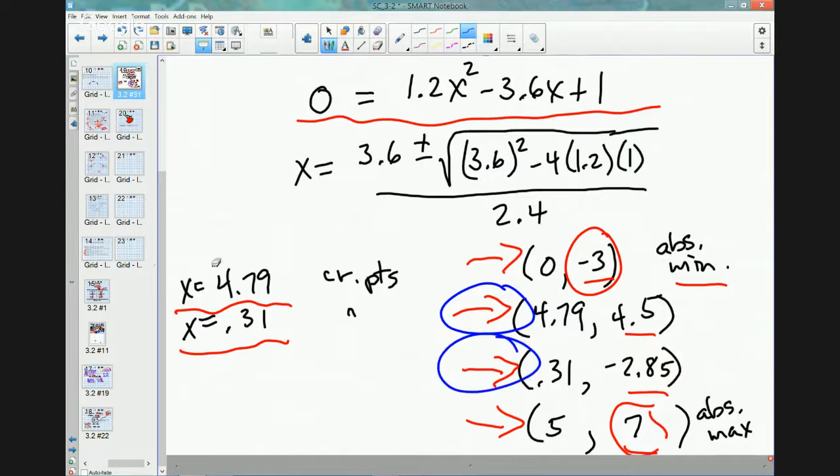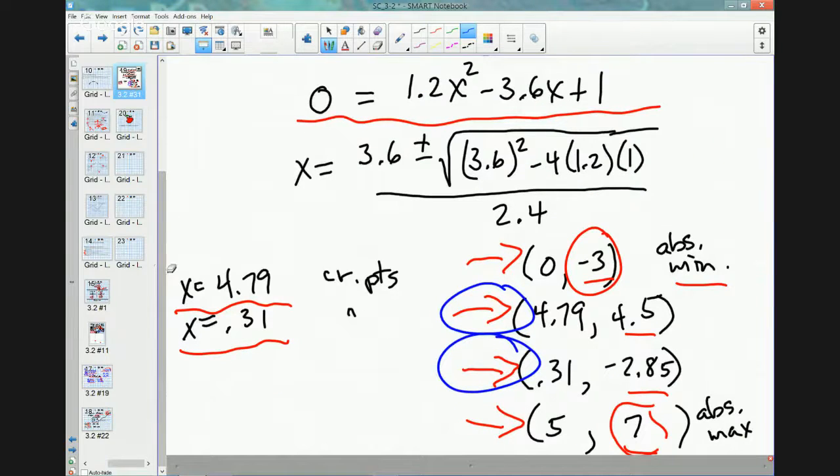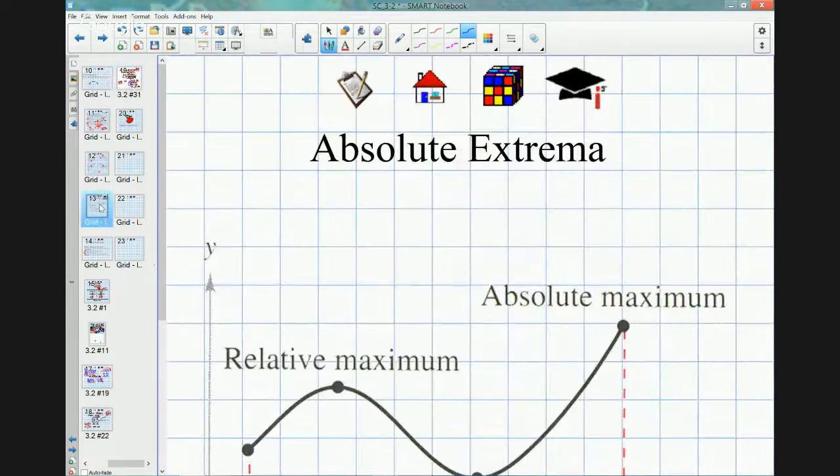And then in addition, check the endpoints, the 0 and the 5. And that's why the top and the bottom are there. Now, check them all. Go back into the original function, plug and chug, get your y values, and then the last step is really a no-brainer. Just look for the high one and the low one. And that pretty much wraps up the lesson, which was finding absolute extrema.